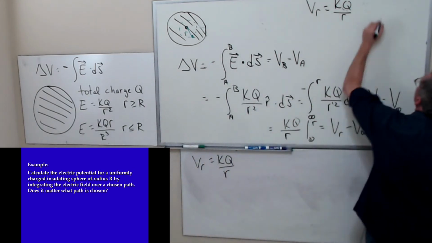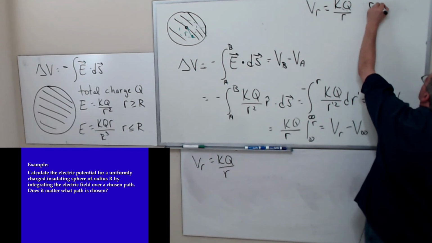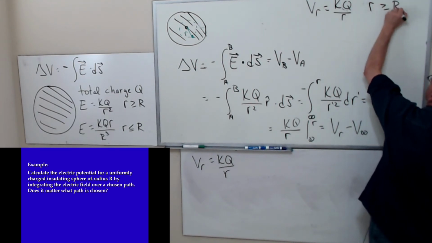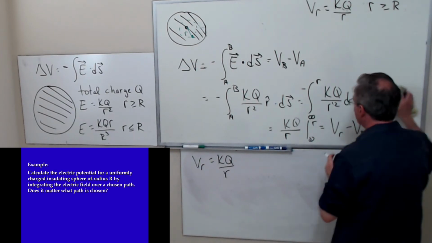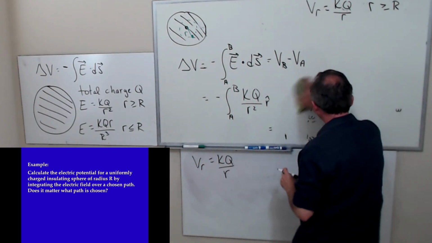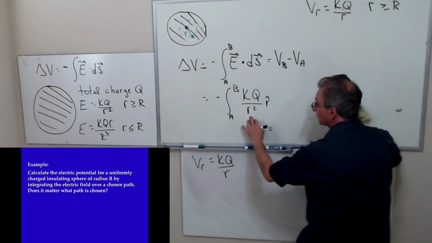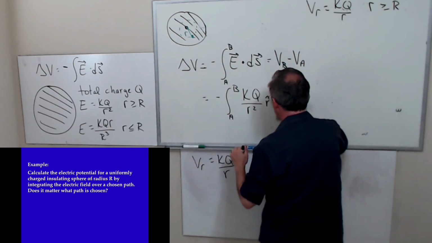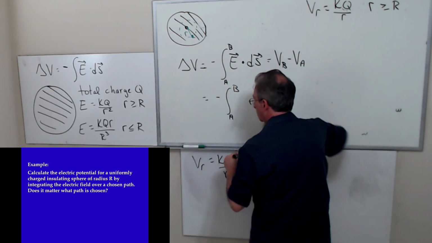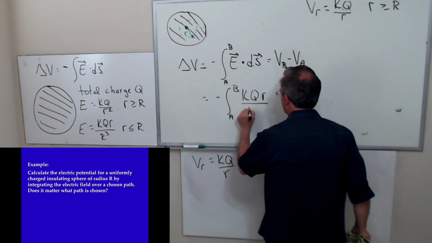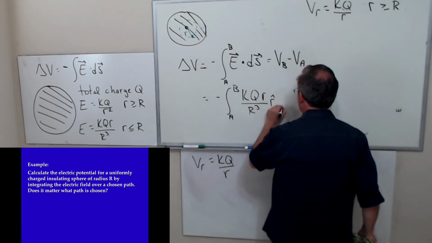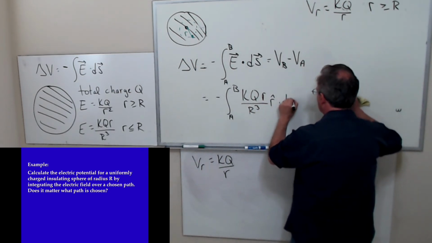So this is for R greater than or equal to big R. I want to go inside the sphere. So now I'm going to change this. My equation for the electric field is given by that equation. It's still in the R hat direction.